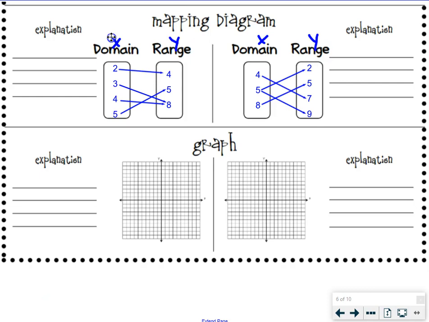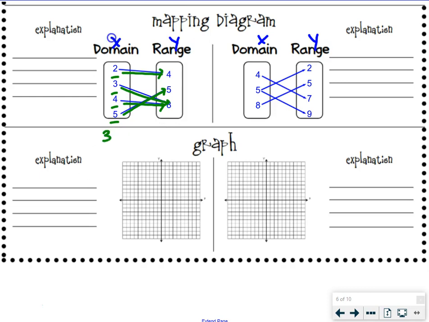Then if we look, we have to look at the function side, and we have to see that each x value, so 2, 3, 4, and 5, map to only one y value. Now if you look, 4 and 5 both go to 8. Oh, excuse me. 4 and 3 both go to 8.